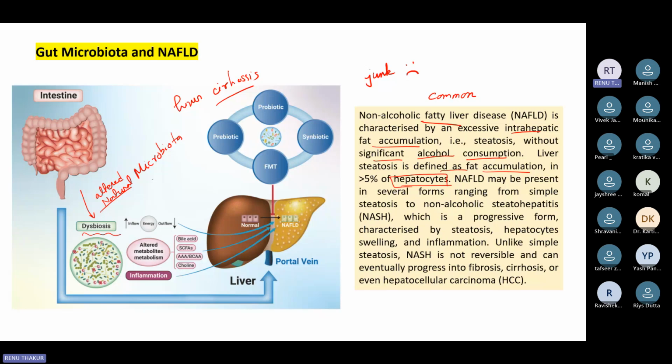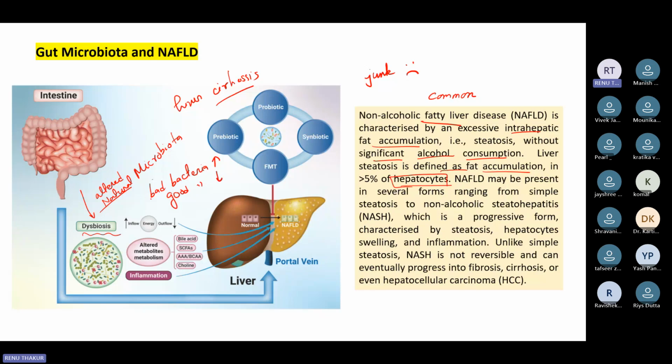So you can just read this point, that whenever there is a dysbiosis, these gut microorganisms will have bad bacteria increase, and good bacteria will be decreased.